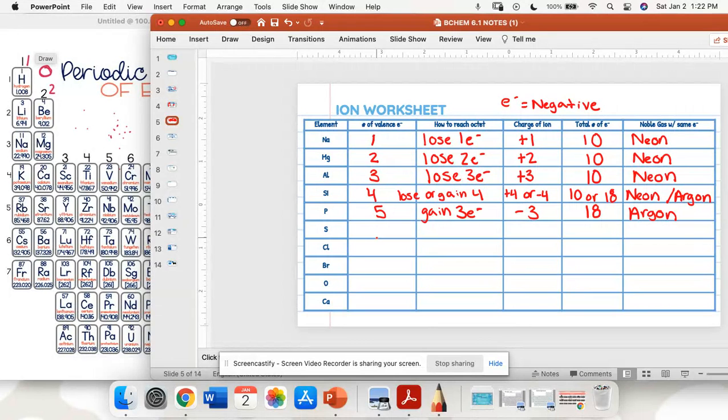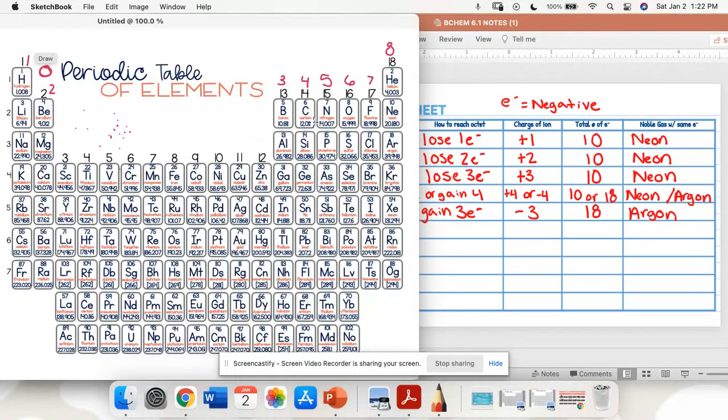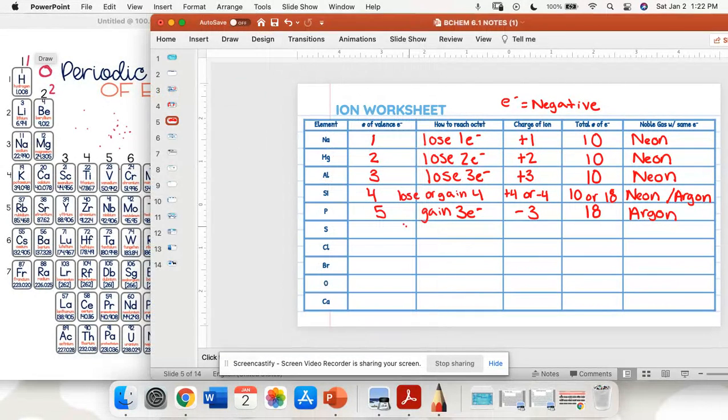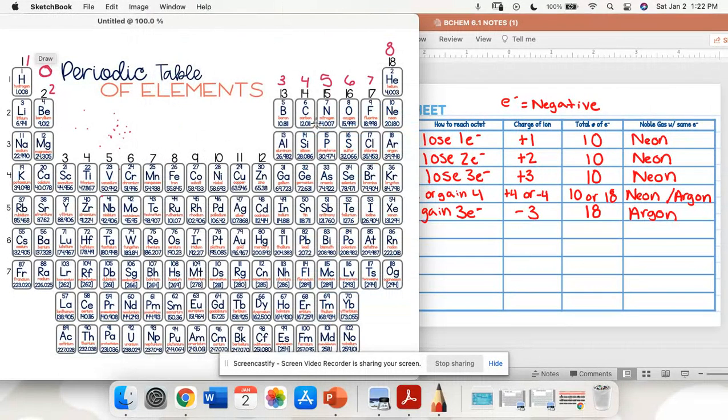All right, sulfur. So sulfur is atomic number 16. It has 6 valence electrons. So sulfur can either lose 6 of those valence electrons to go all the way back to neon, or it can gain 2 to get to argon.